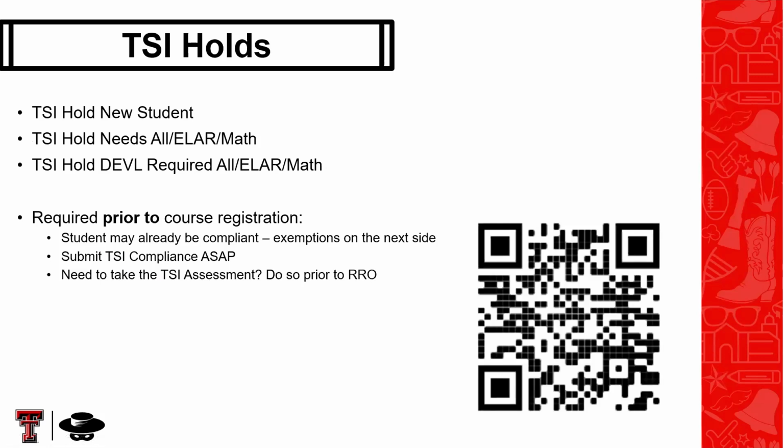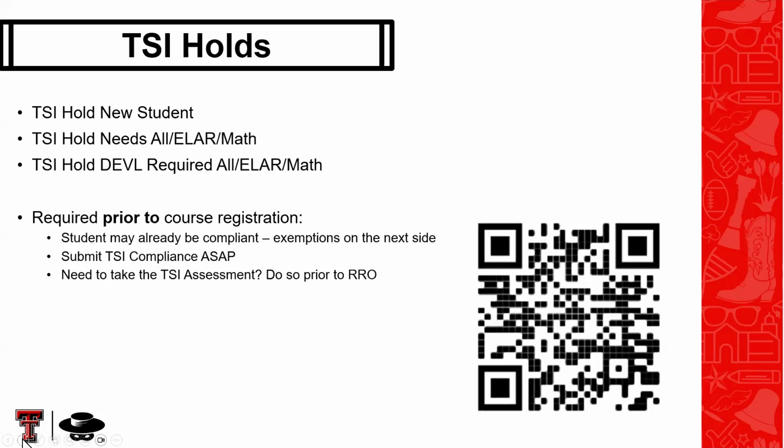So this will go over our holds. We do have 3 different holds depending on where your student is at in the process of TSI. A TSI hold, new student, just means that they just got admitted and we haven't gone through the student's records yet. Once we go through those records, if the student has submitted evidence that they are TSI compliant, we'll just get that hold removed.